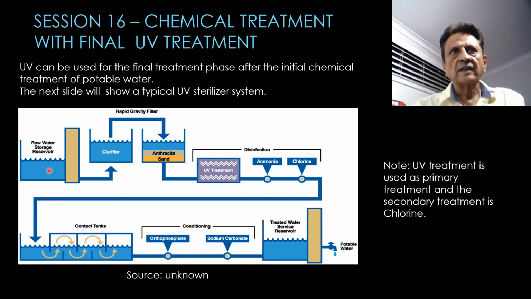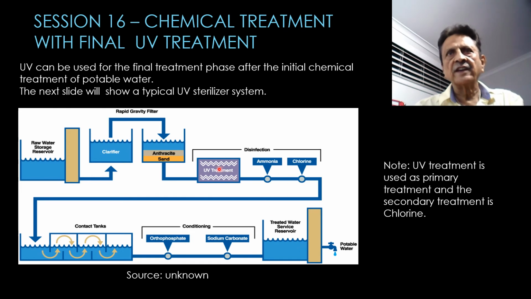That is, the raw water is passed through the filter to go into the clarifier, and from the clarifier it goes to the sand filter and then goes straight to the UV treatment, where the water is sanitized, and then it goes through the ammonium chlorine is added, it goes to the contact tank, and they probably add sodium phosphate or phosphates to remove any hardness, and you will have a treated water, which is then directed after filtration through the potable water system.